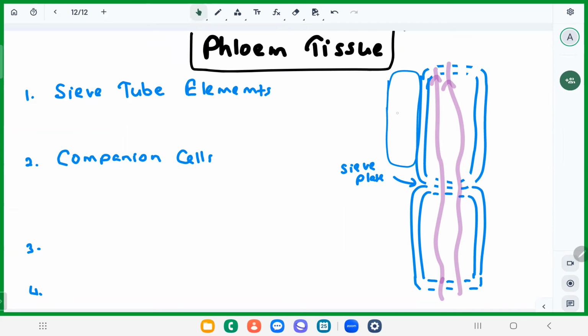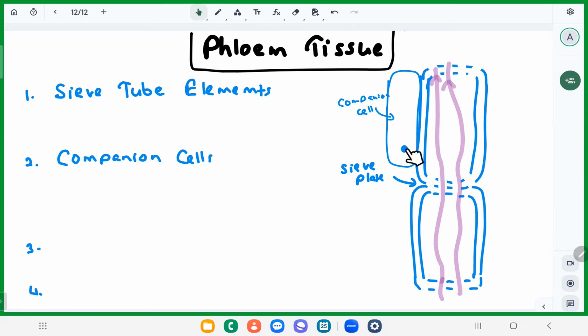But they have these companion cells on their side, and companion cells, as their name suggests, kind of help out the sieve tube elements. You see, these companion cells have a nucleus of their own, and this nucleus controls the activities of the companion cell itself, as well as the activity of the adjacent sieve tube elements. So companion cells are the ones that are assisting the sieve tube elements.